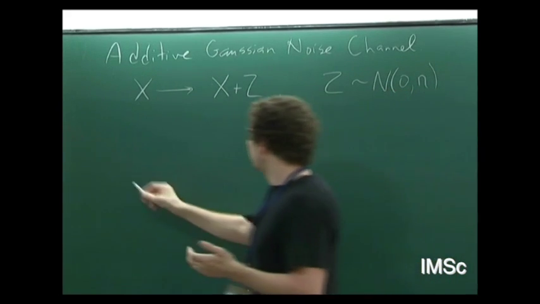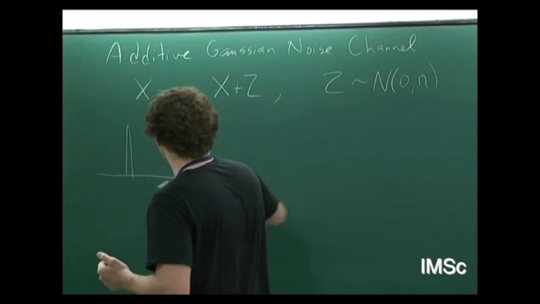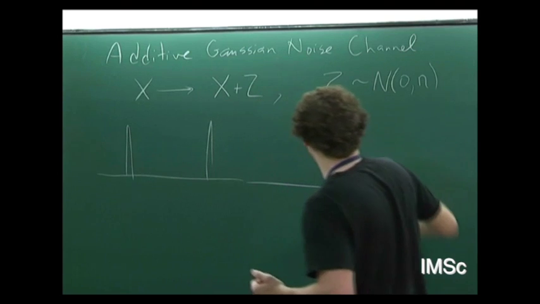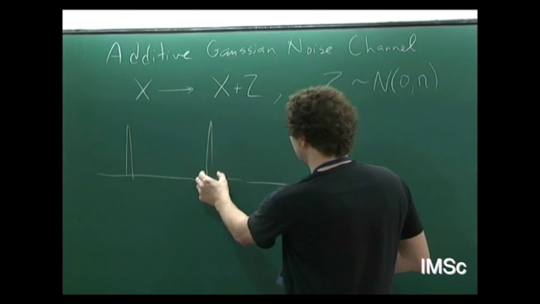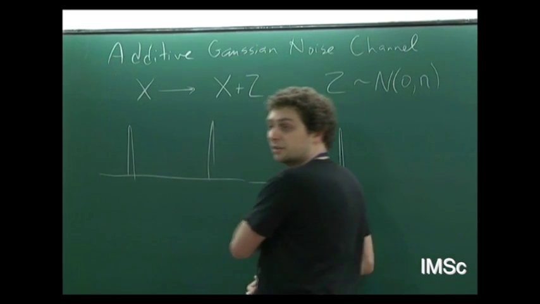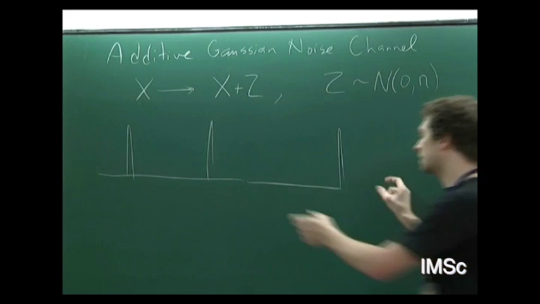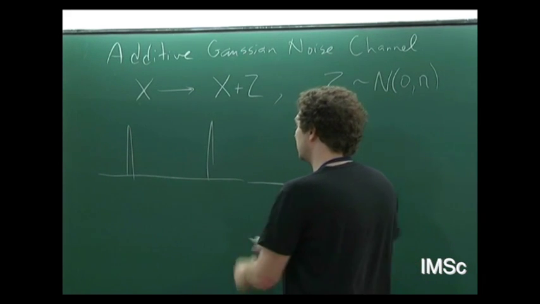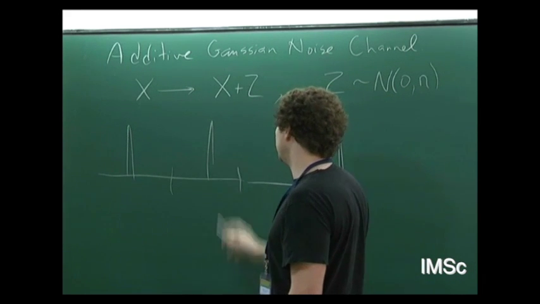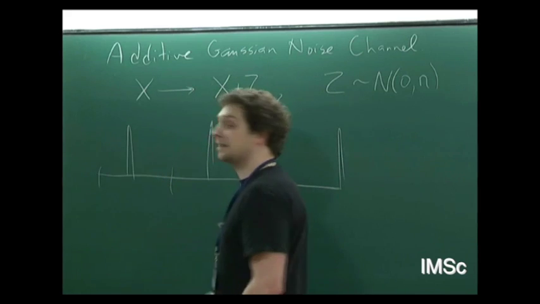So, if I spread out along the real line like this, and the variance of my z is like that, then these guys are just not going to overlap. I can always decode by saying, well, if my number's between here, it's this. If my number's between here, it's that, etc.